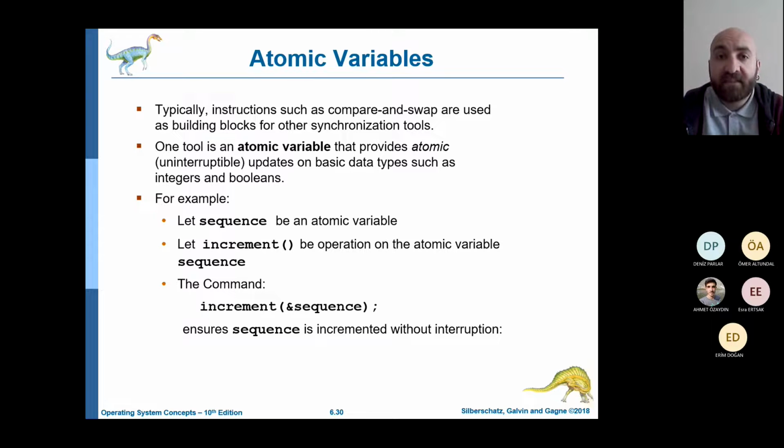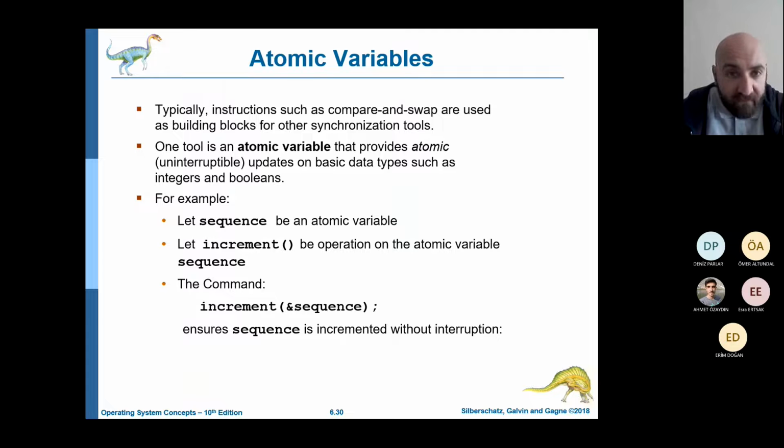Typically, the compare and swap instruction is not used directly to provide mutual exclusion. Rather, it's used as a basic building block for constructing other tools that solve the critical section problem. One such tool is an atomic variable, which provides atomic operations on basic data types such as integers and booleans.